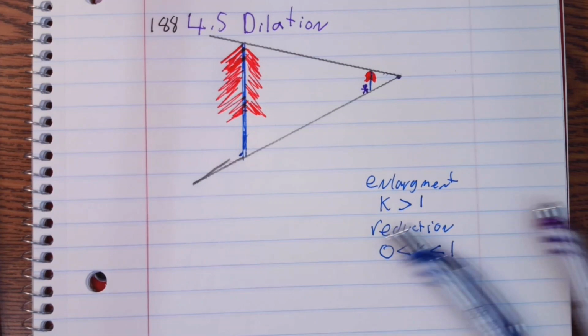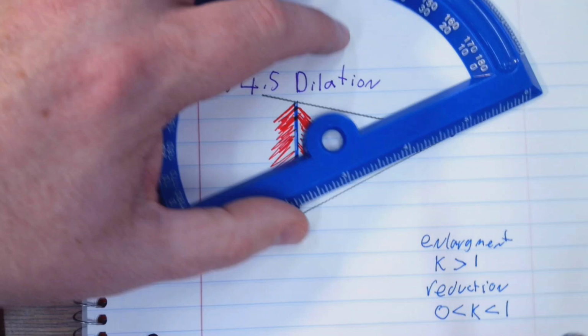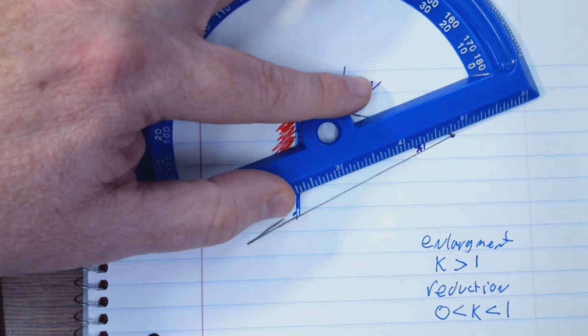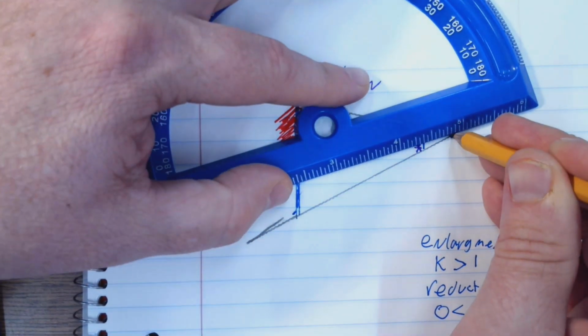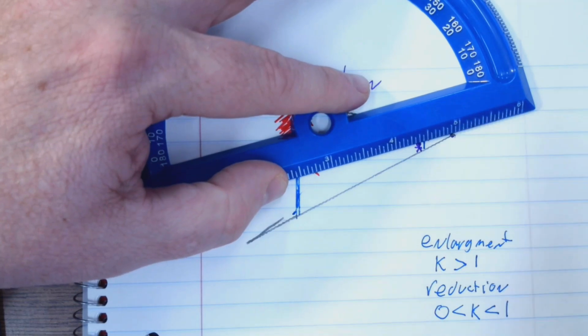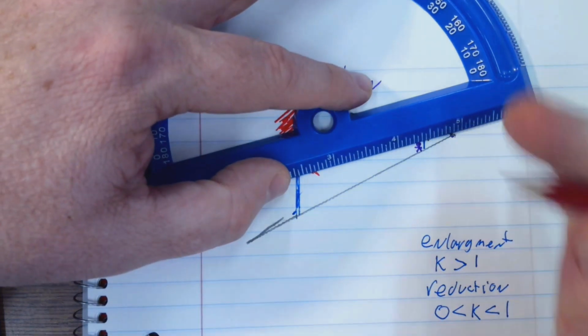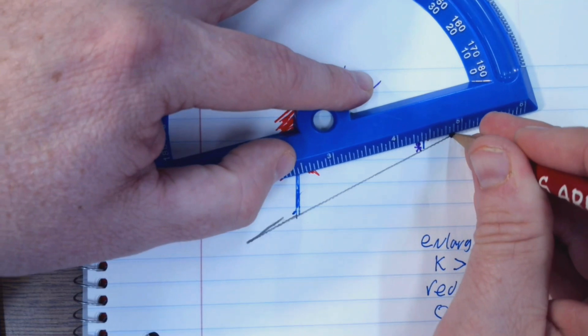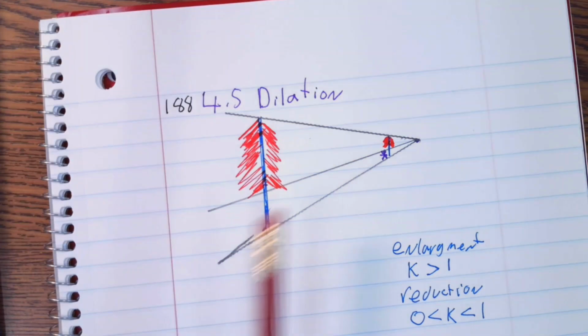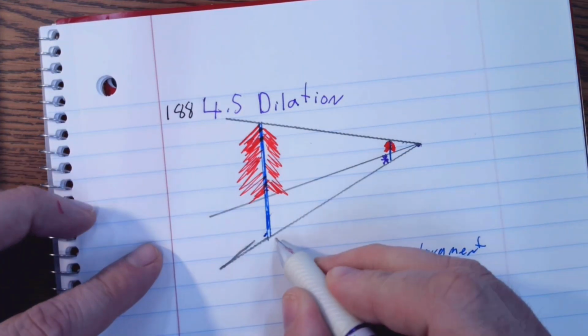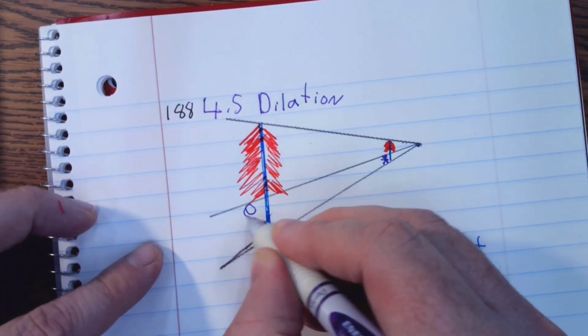Okay, and then I want to draw the same purple dude closer up. I could use this dilation from my center of dilation. Let's see, I need a sharper pencil. And I'm just going to draw this little line here. And so that exact same purple dude over here is going to be like this.